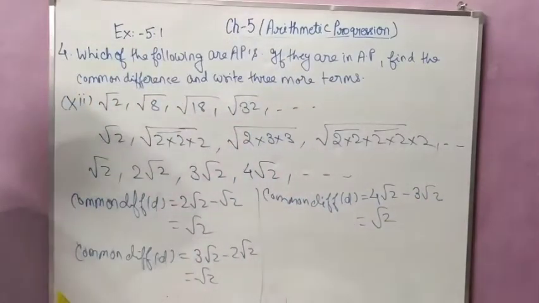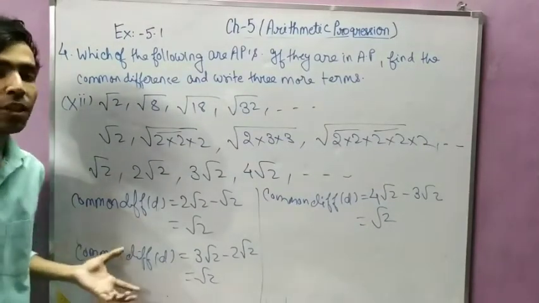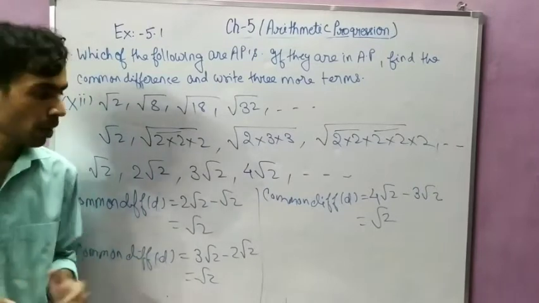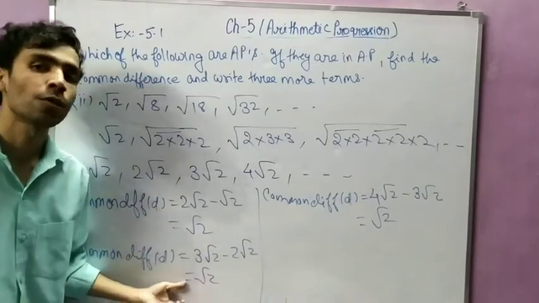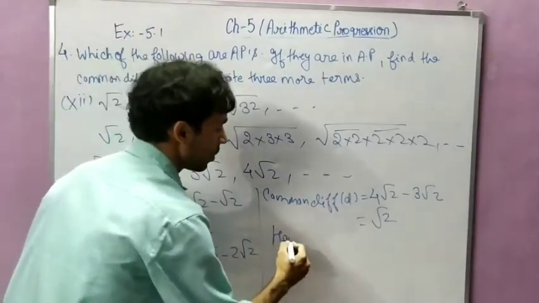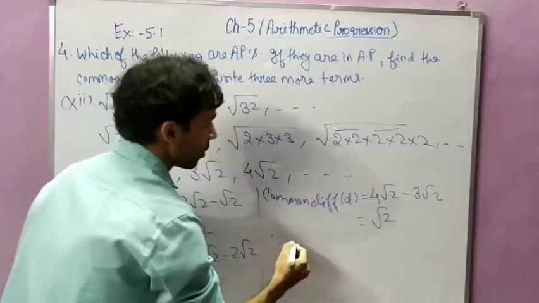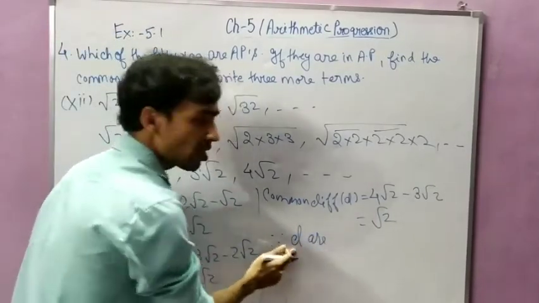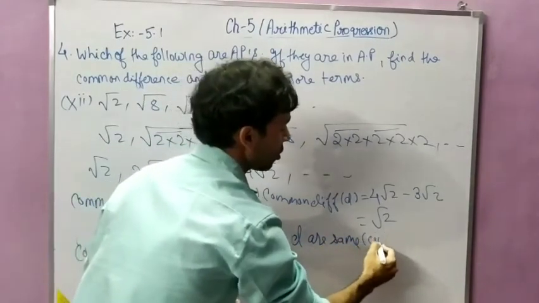Now in all the cases we are getting the same common difference. In first case root 2, second case root 2, third case root 2. So D means common difference, D are same, it means constant.